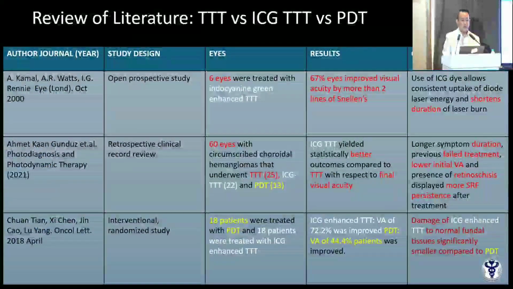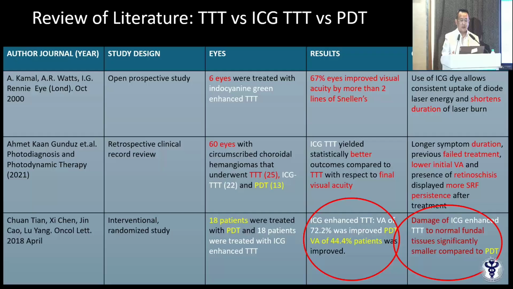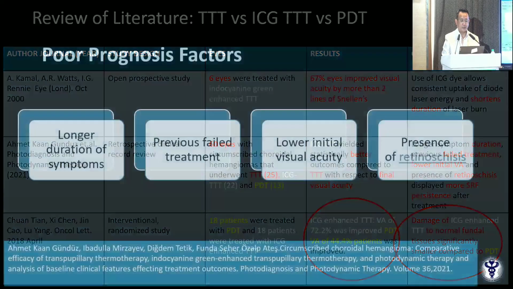In this study, which compared TTT, ICG-enhanced TTT, and PDT, it was found that ICG-enhanced TTT had better visual acuity improvement as compared to PDT, and also the damage of ICG-enhanced TTT to the normal fundal tissue was significantly smaller than PDT, and these studies have postulated that.